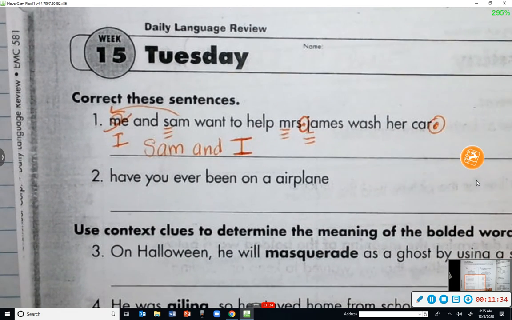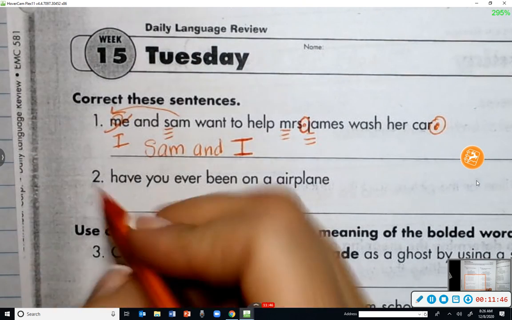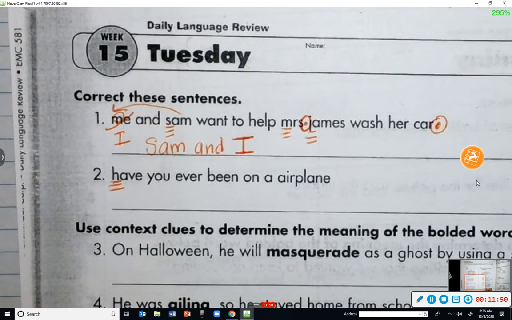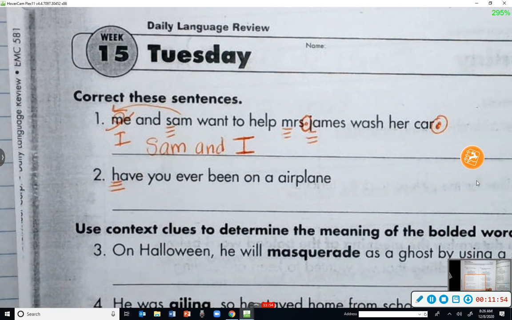Okay. Number 2. Have you ever been on a airplane? Brandon, what's a mistake that you see? The first one you see. Yeah. The H needs to be capitalized. Okay. The second one, Evangeline? Nope, that's not the second one. Kelsey?